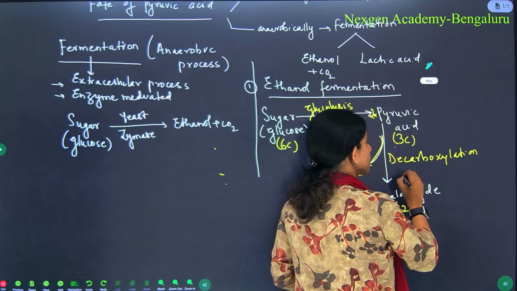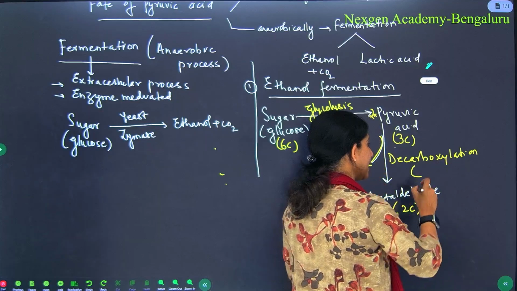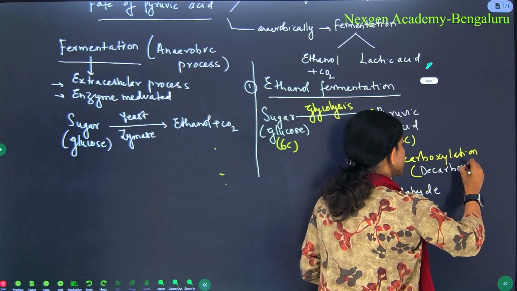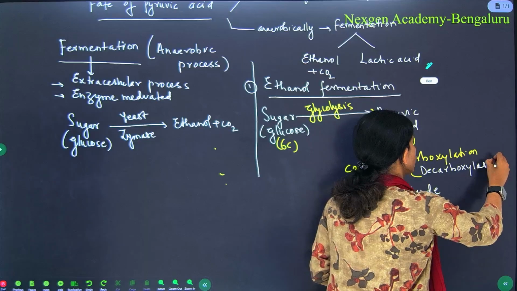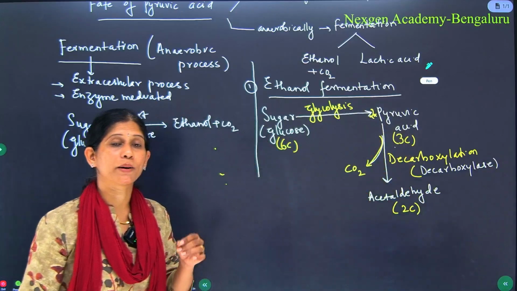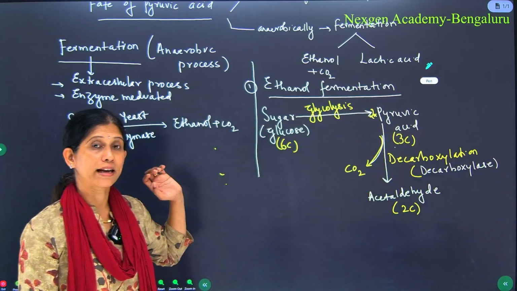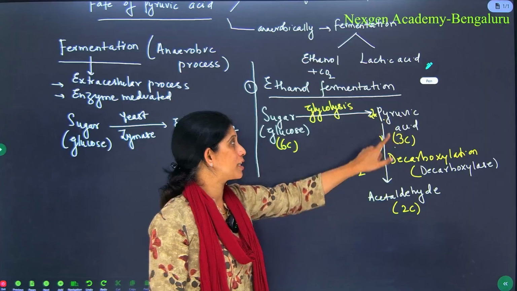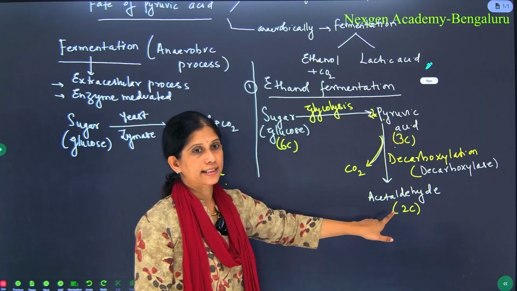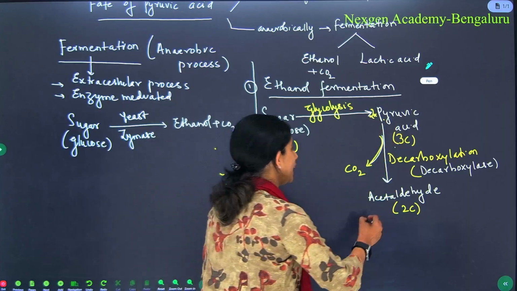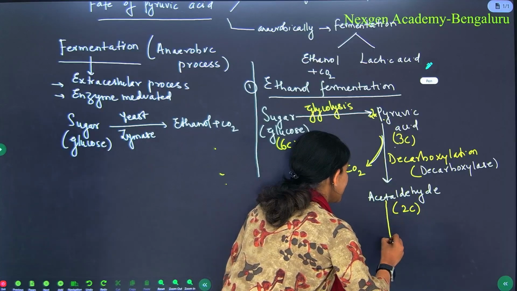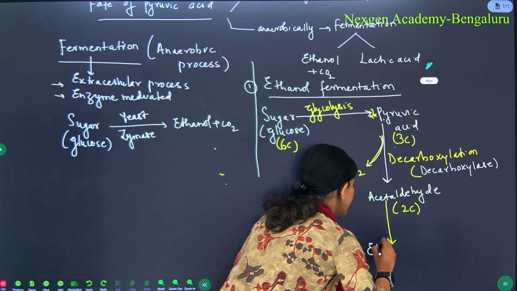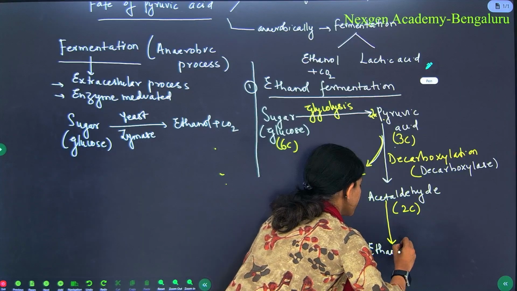And decarboxylation is catalyzed by which enzyme? Decarboxylase, right? So the primary enzyme participating in alcohol fermentation is decarboxylase, which converts pyruvic acid into acetaldehyde. Later this acetaldehyde will finally be converted into ethanol.